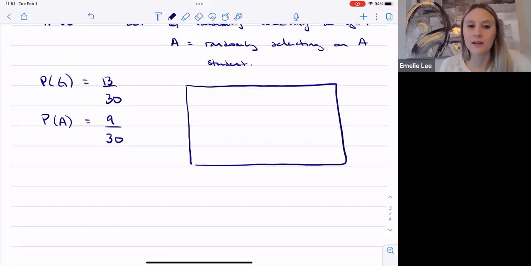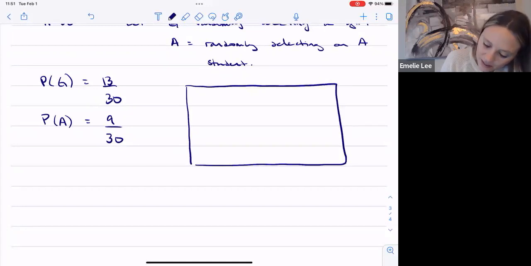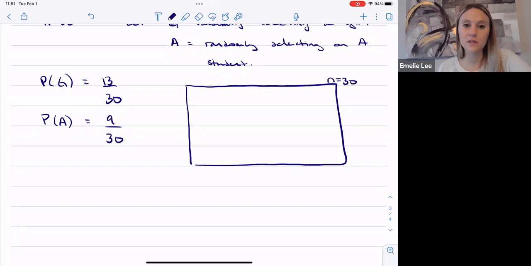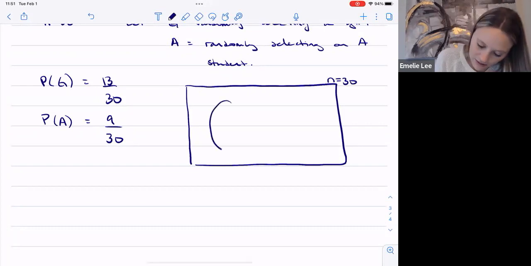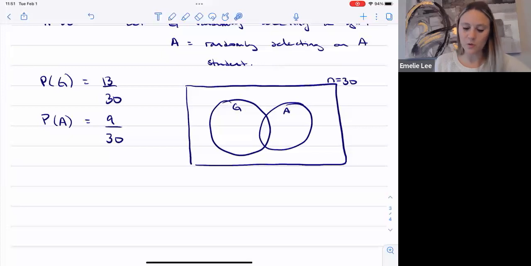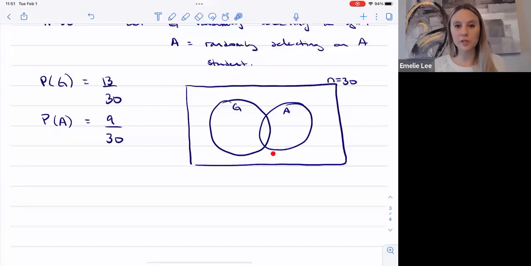Well, I can have my sample space, which has 30 students, and those 30 students can be divvied up into either girls or A students. Everything outside the G circle, those are all the boys. Everything outside the A circle, those are all the non-A students.